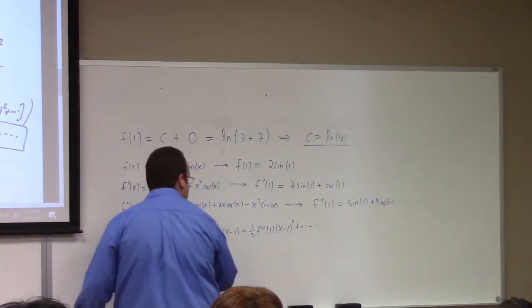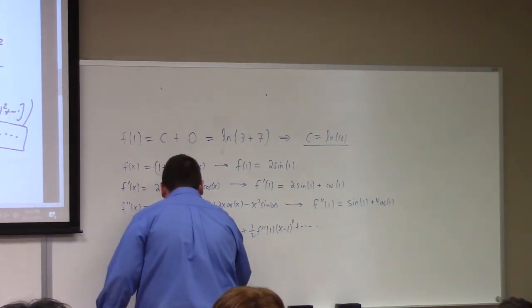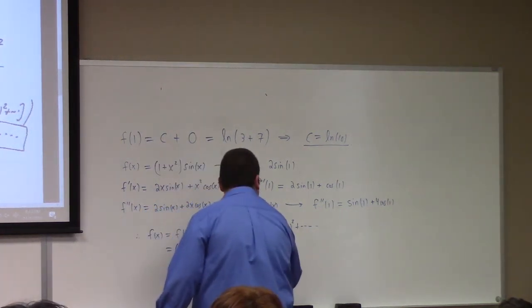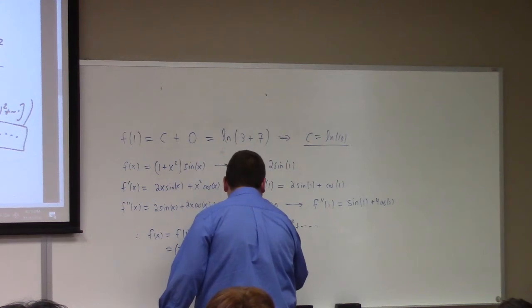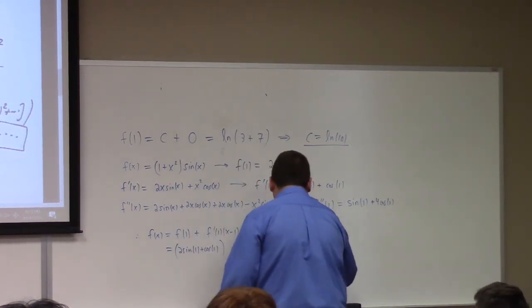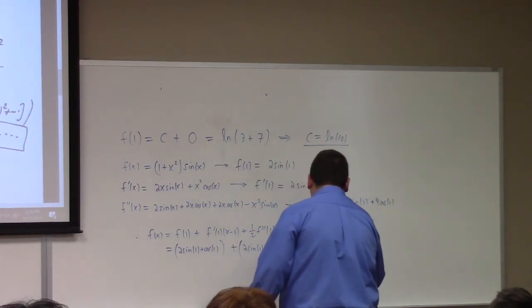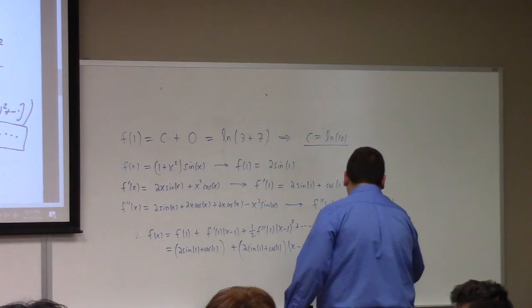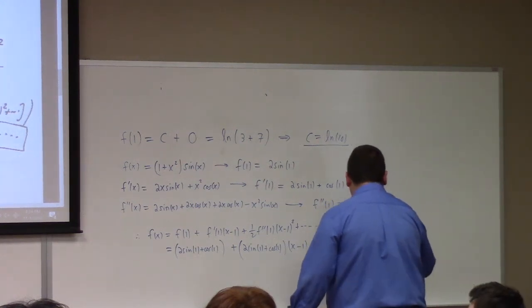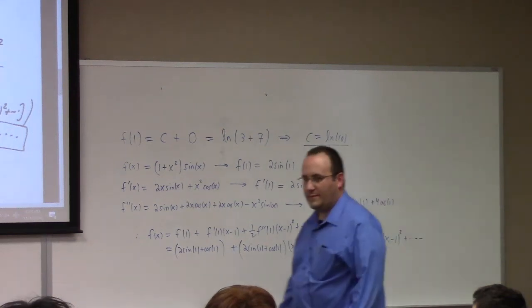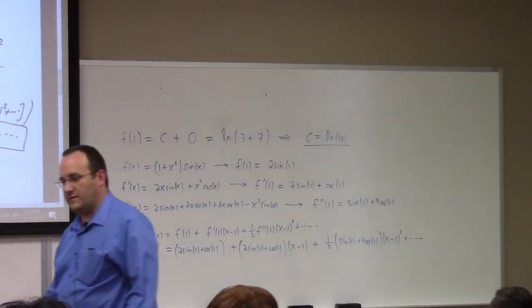And so that is actually equal to 2 sine 1 plus cosine of 1 plus 2 sine 1 plus cosine 1 times x minus 1 plus 1/2 sine of 1 plus 4 cosine of 1 times x minus 1 squared. I think that's probably an easier way to find the first 3 non-trivial terms here.